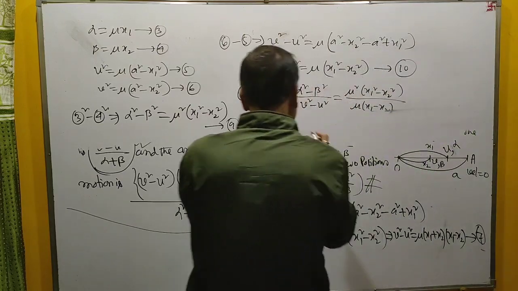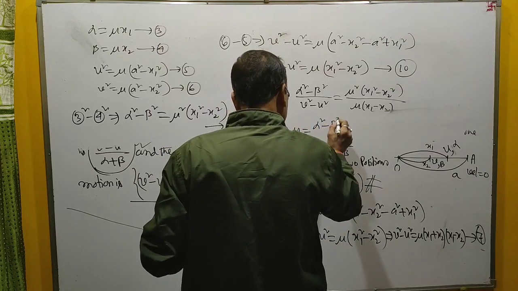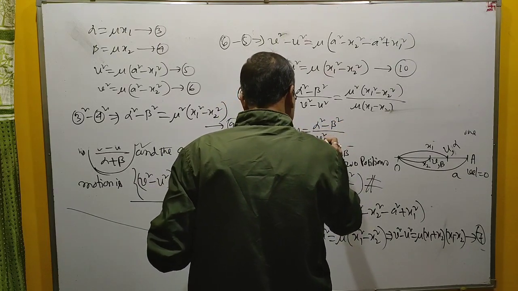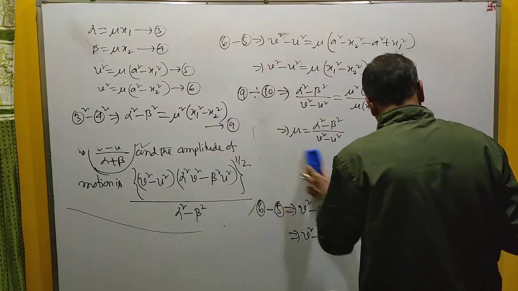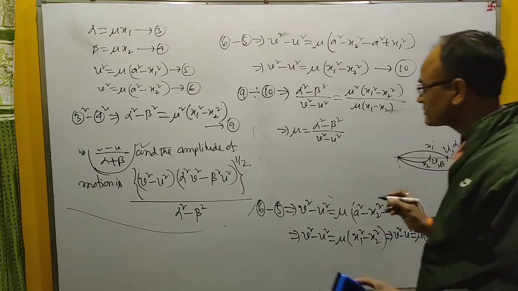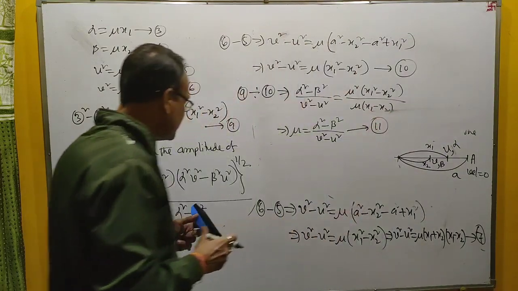This means mu equal to alpha square minus beta square divided by v square minus u square. Suppose this is number 11.